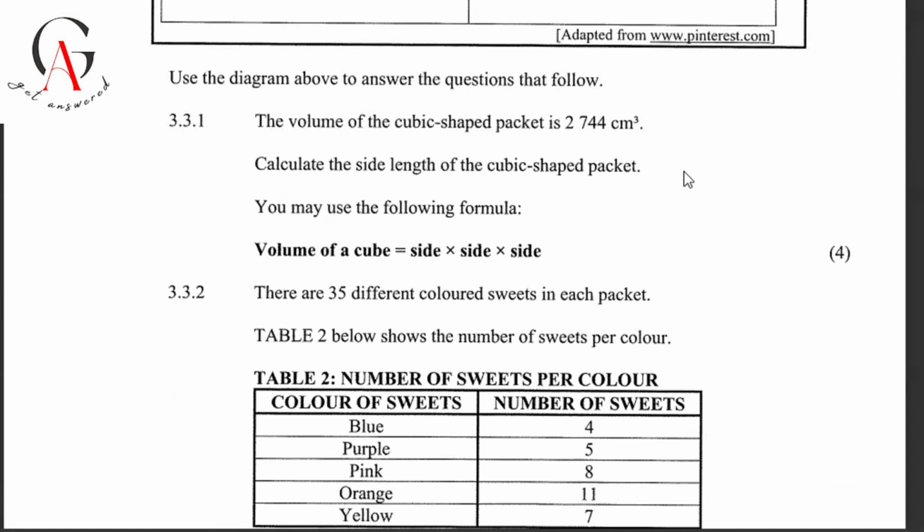This one here, we don't divide by 3. Rather, because volume equals side times side times side, the volume equals side cubed. So if you already have the volume as this much, what one side produced it 3 times?